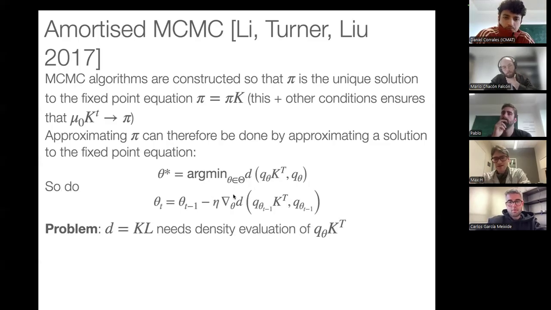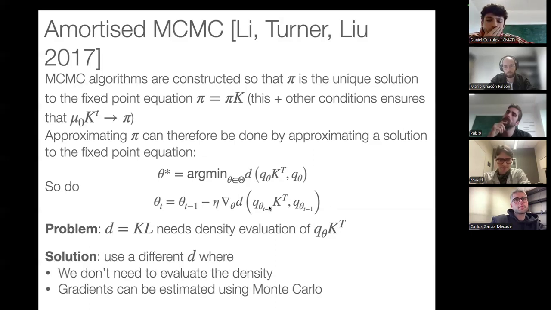But again, we run into exactly the same problem. If D is just the KL divergence, we need density evaluation of our variational approximation, which we don't have access to because we've introduced this Markov kernel. And so the way that they solve this is just to use a different D where we don't need to evaluate the density of q theta K to the T, and also where gradients of that D can be estimated using Monte Carlo.